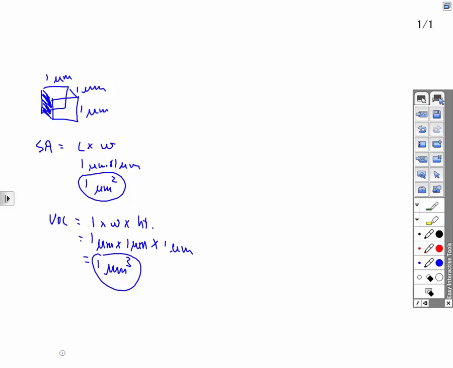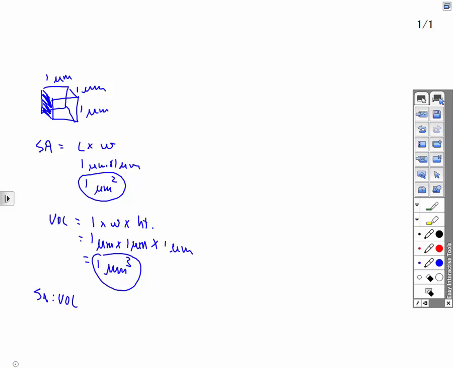Okay, so if I'm doing a ratio of surface area to volume, which is what this actually is, my surface area to volume is... oh, I didn't do this right, because I have 6 surfaces here. For one surface, it's 1 micrometer squared. But I have the side, the other side, top, bottom, front, back.